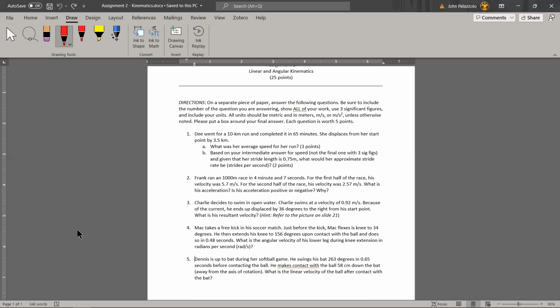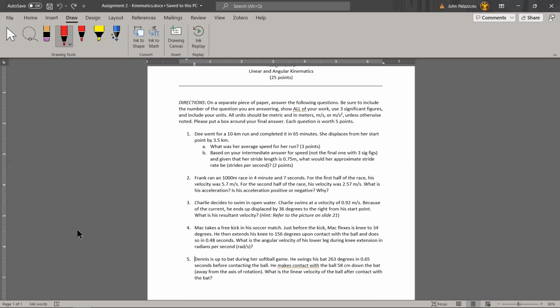And if you're looking for equations, you can either go through the lecture or go to one of the cheat sheets available on Canvas. But speed is simply distance divided by time, not displacement. Displacement divided by time is velocity.